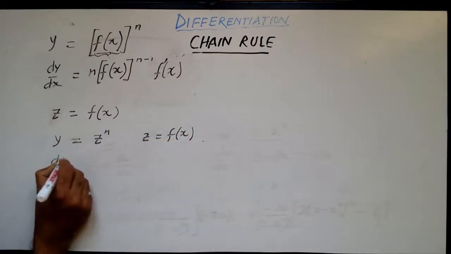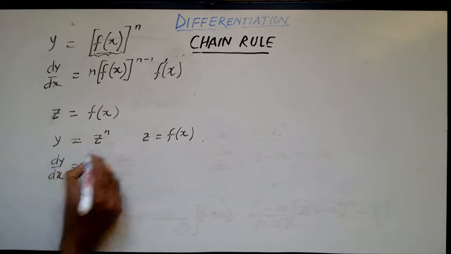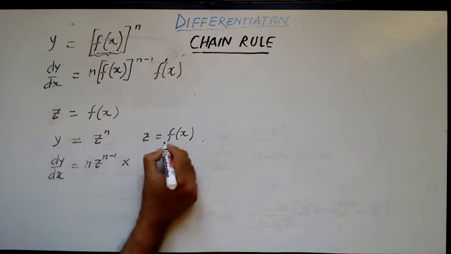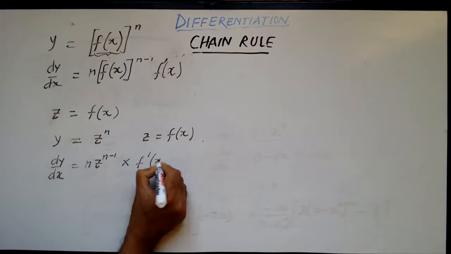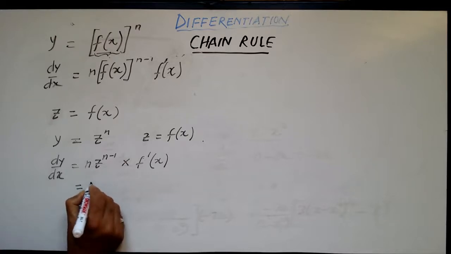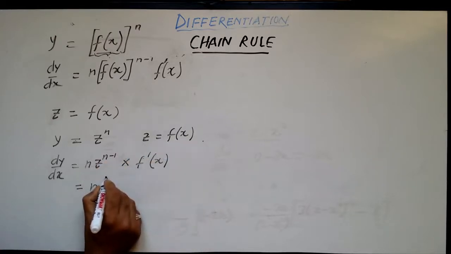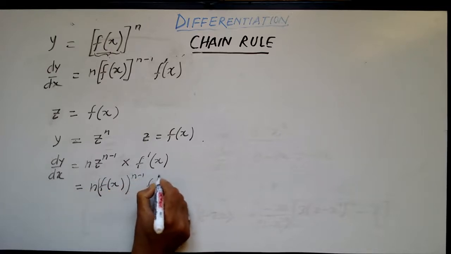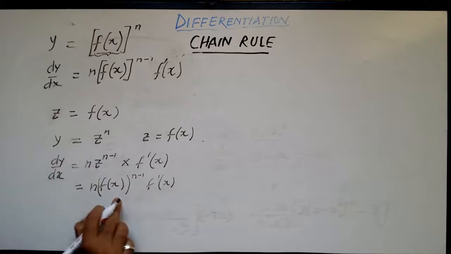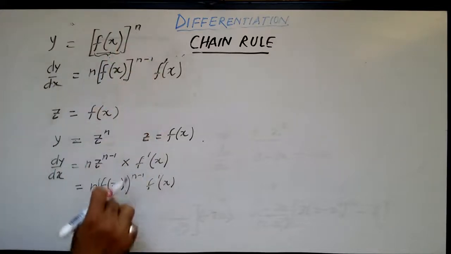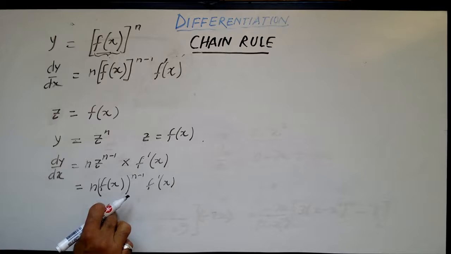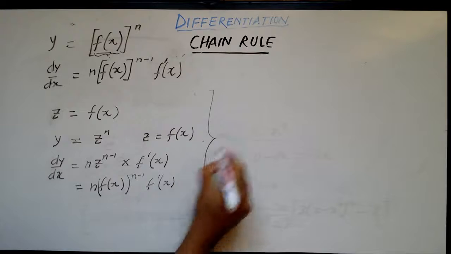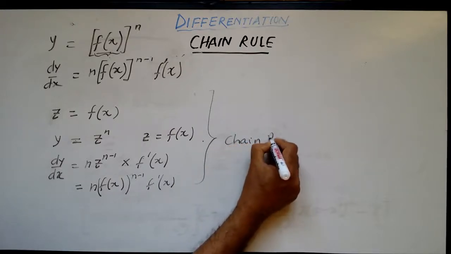Okay, so what is dy by dx equal to? dy by dx is equal to n z to the power n minus 1 multiplied by the differential of z, which is equal to f dash x. Now it's just a question of replacing z again by that function. So this is f(x) to the power n minus 1 into f dash x. This is how it is derived using the chain rule that we have studied before.